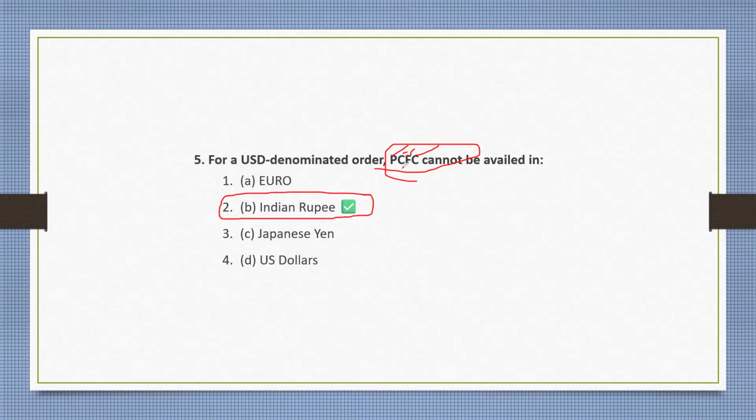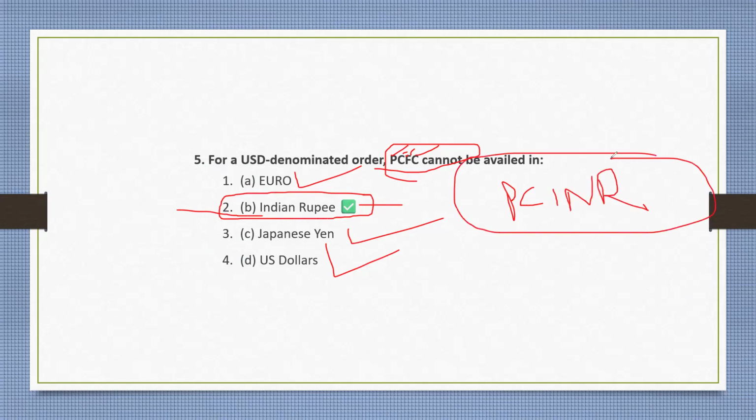So this credit will not be given in INR. It can be given in Euro, USD, Yen, whatever the currency is mentioned on the invoice. But the loan will not be given in INR. For INR, it will be PCINR, where the bank will give the packing credit in Indian rupees.